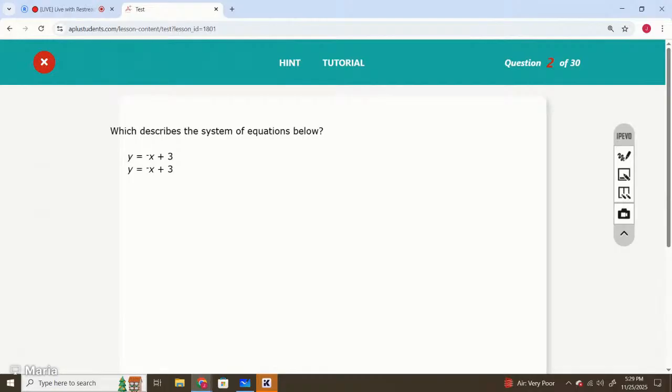y equals negative x plus 3 and y equals negative x plus 3. Both the equations are identical.